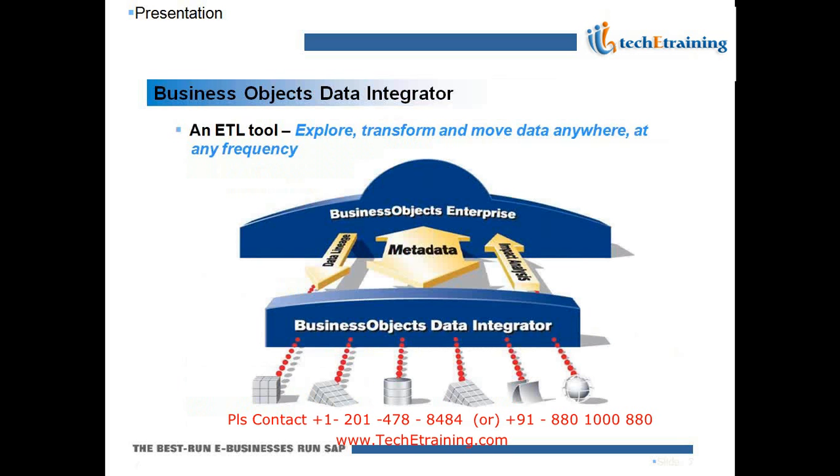Now once you are able to bring in that metadata and the data required for it, you can consolidate that data at a database or an application on top of which you have the Business Objects Enterprise solution built. Okay, this is how the usual architecture is, and this is when you're using Business Objects Data Integrator. That was quite a while ago.